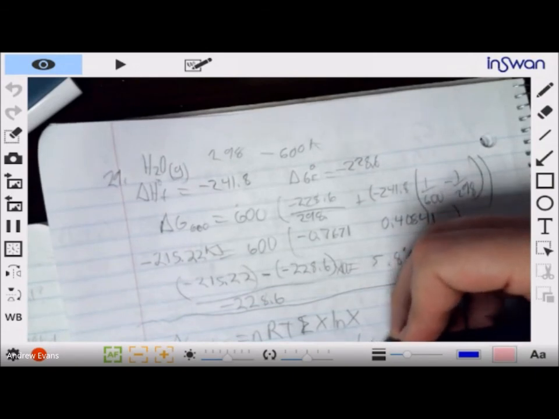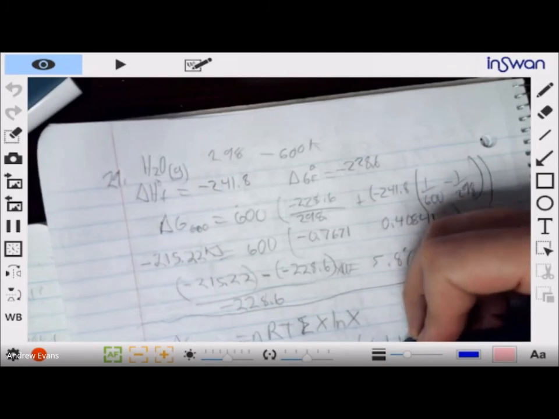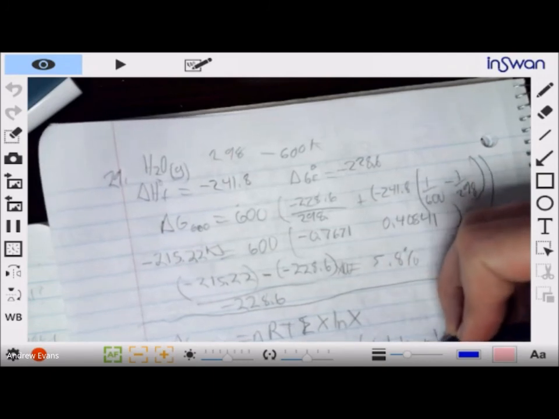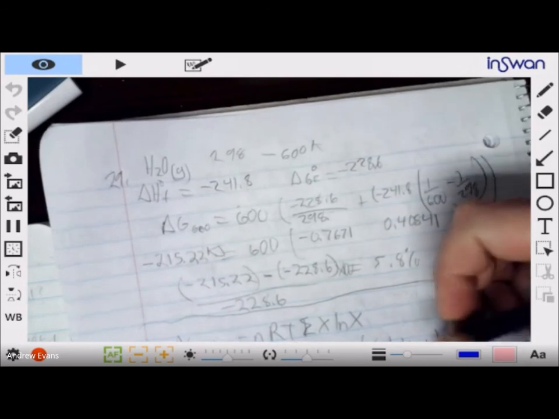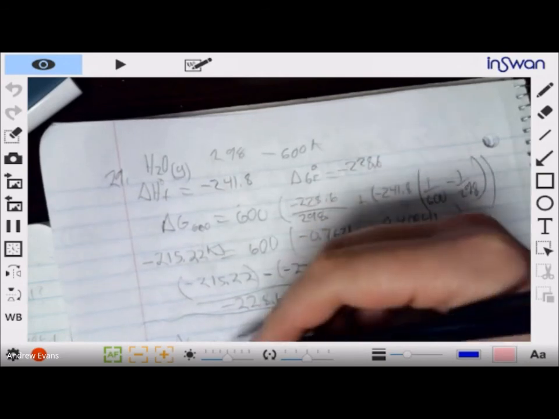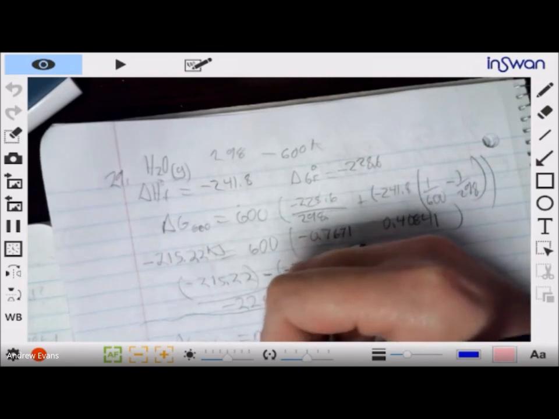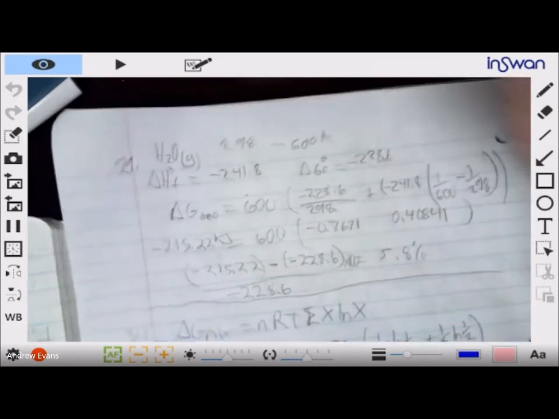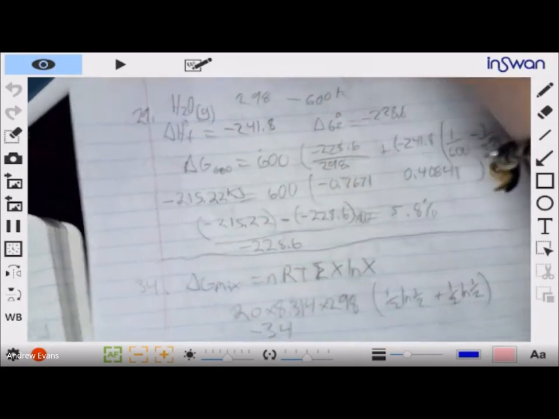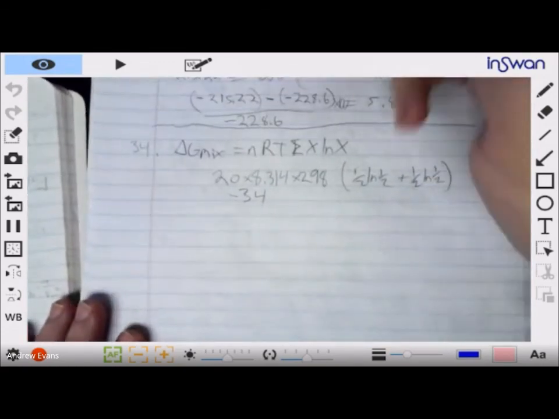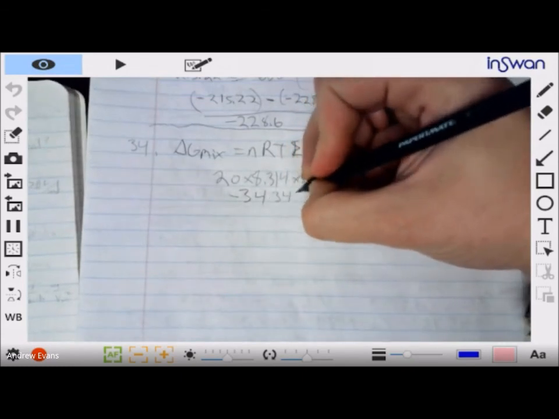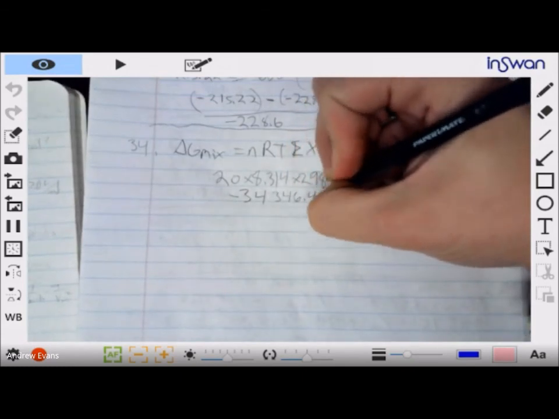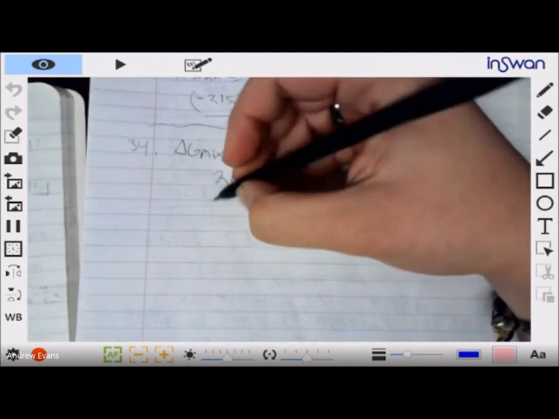So 1/2 ln 1/2 plus 1/2 ln 1/2. We do that. Our Gibbs mixing for our first situation is simply negative 34346.4 joules.